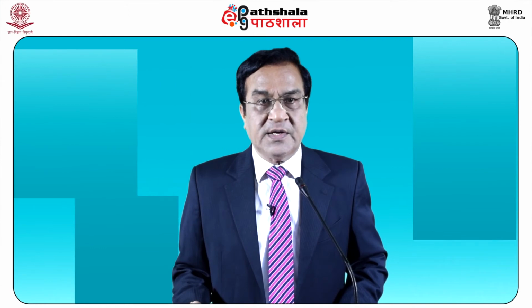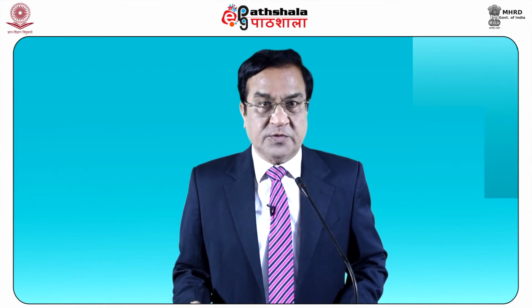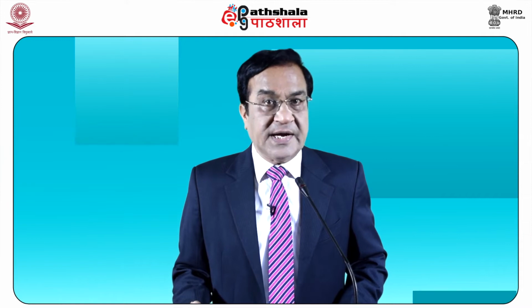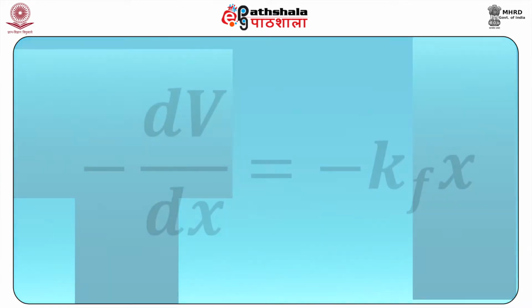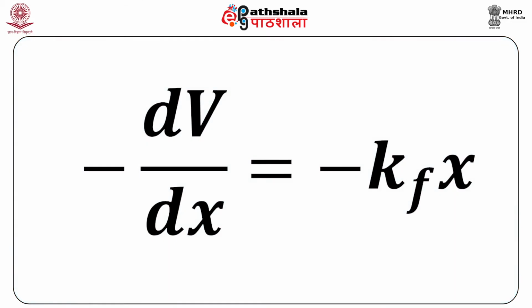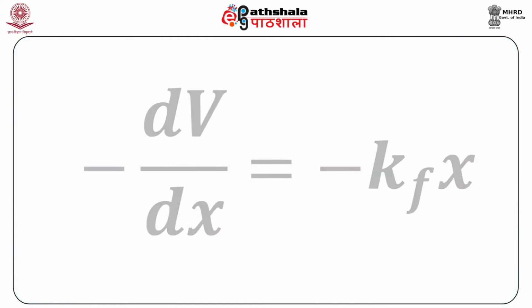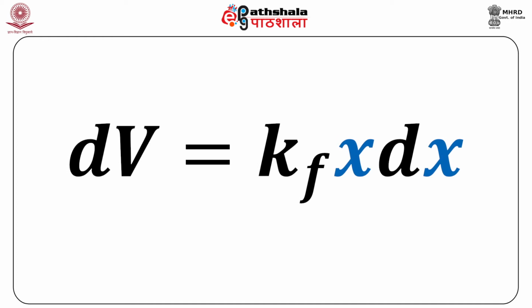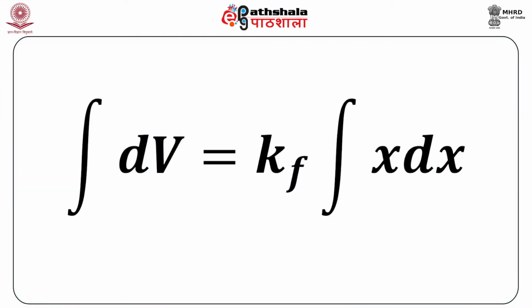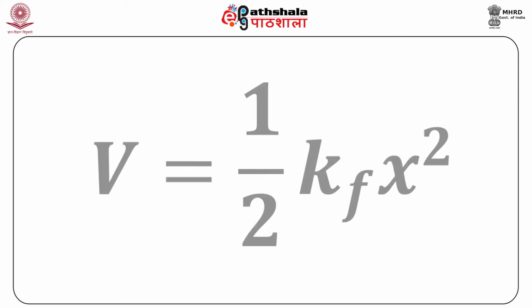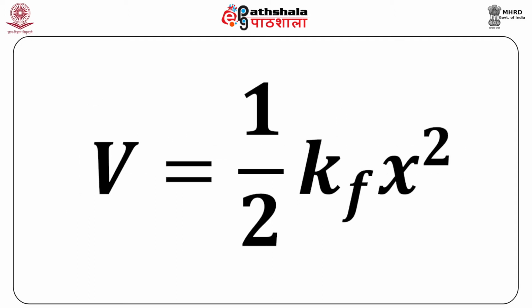If we substitute the value of the restoring force, which is equal to minus kf x, we get minus dV by dx is equal to minus kf x, or in other words, dV is equal to kf x dx. Now if we integrate it, as you can see here, we ultimately get the potential energy V is equal to half kf x square.